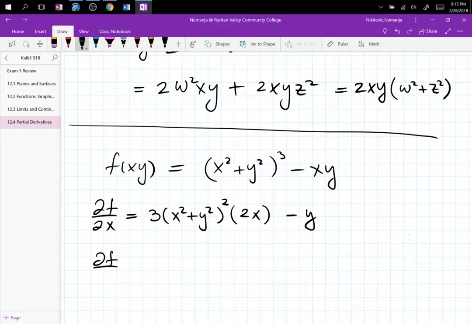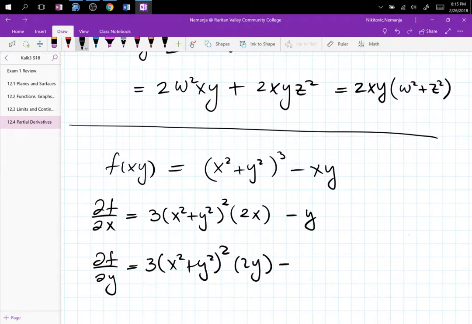So now partial f partial y is going to be, going back again, 3 times (x squared plus y squared) squared, because 3 minus 1 is 2, times the derivative of the inside. Well, I'm taking the derivative with respect to y, x dies, so I have just times 2y, minus, and the derivative of the last term is x. You see what happens? These chain derivatives are different, but they are the same form, and this guy over here, they're different, but they're the same form.